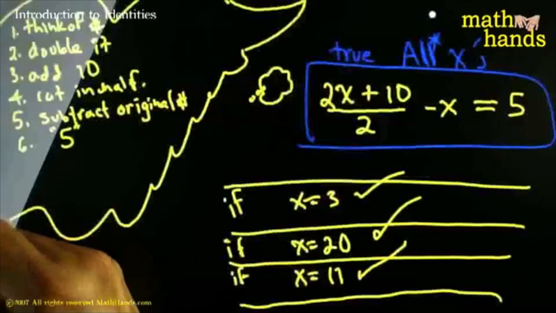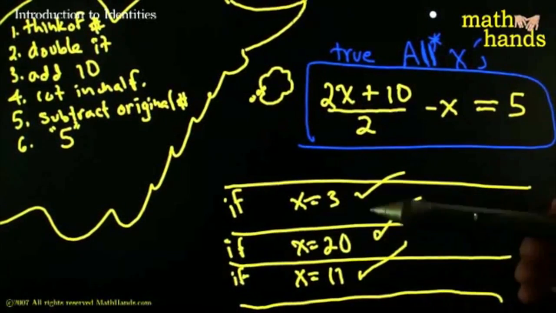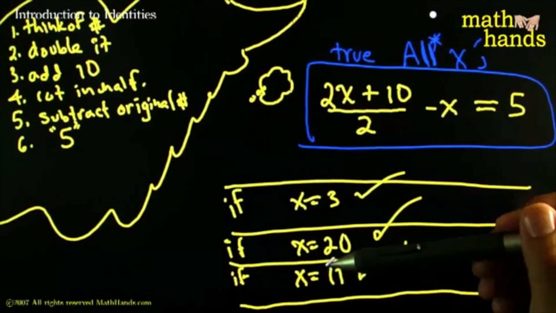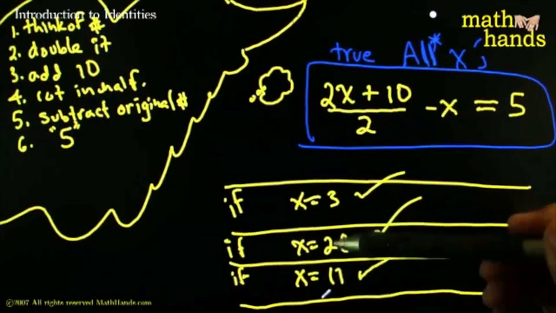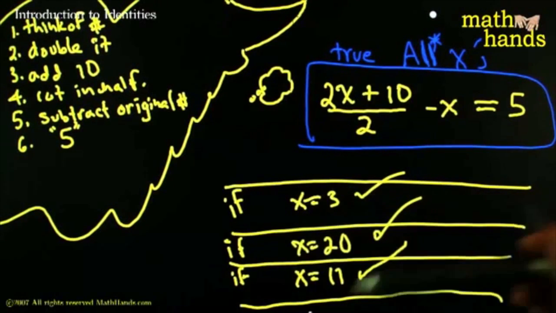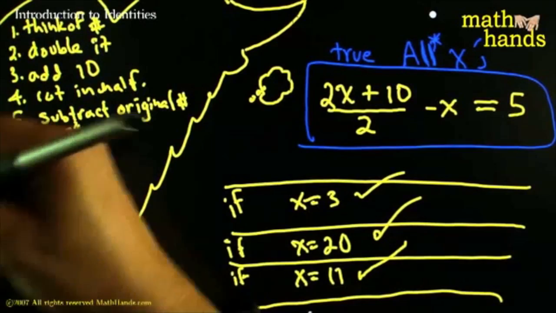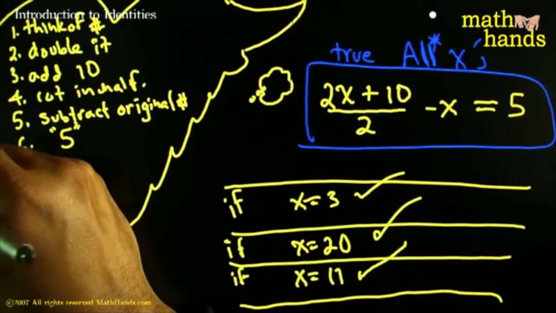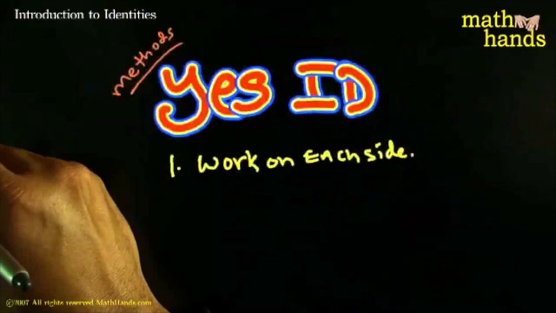We tried it for x equals 3, and it worked. We tried it for x equals 20, and it worked. We tried it for x equals 11, and it worked. So we got this idea that, hey, maybe it works for all possible x's. This doesn't prove it. This only proves it for these 3, but here's a good way where you could prove it for all possible x's without having to check each one separately, because that would be way too many.